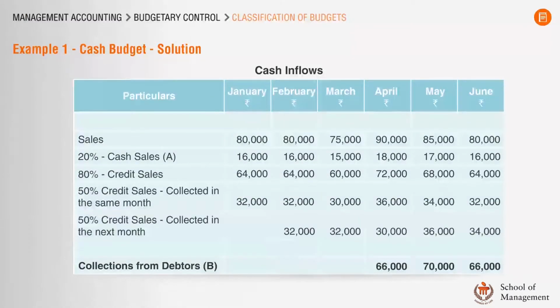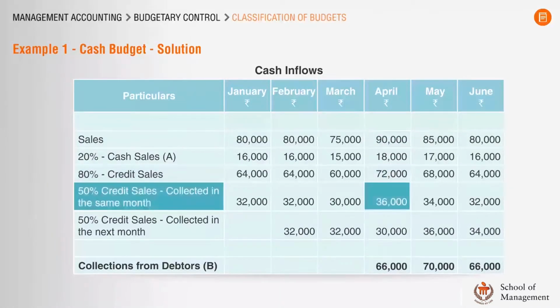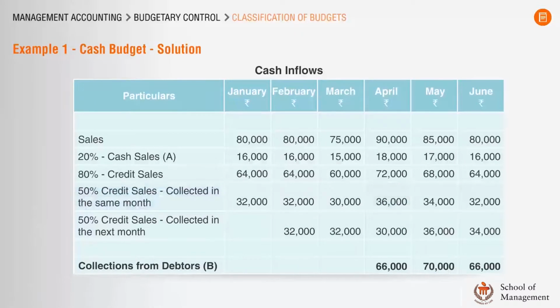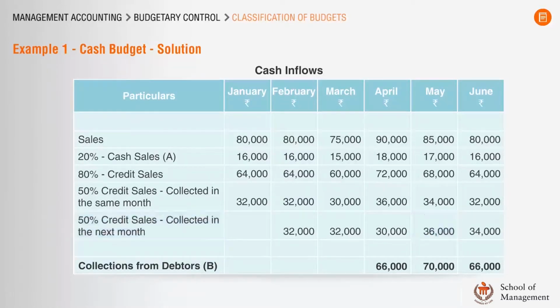So, for the month of April, 80% of April sales would be 72,000 rupees, that is 80% of 90,000 rupees. Of this 72,000, 36,000 rupees worth of cash would be collected from customers in the month of April itself, and the remaining 36,000 rupees, that is 50%, would be collected in the next month, that is May.